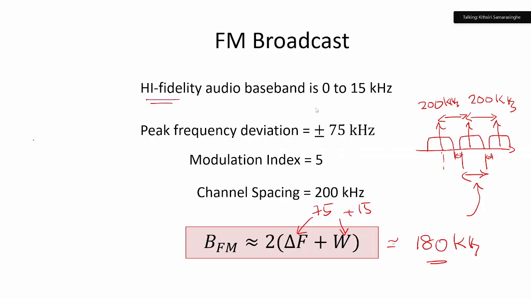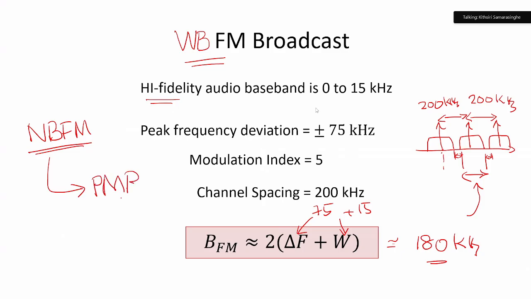Similarly, you have other systems. By the way, this is wideband FM, right? Because it aims for quality. But we have narrowband FM implementation in the form of what we call professional mobile radio, PMR systems.